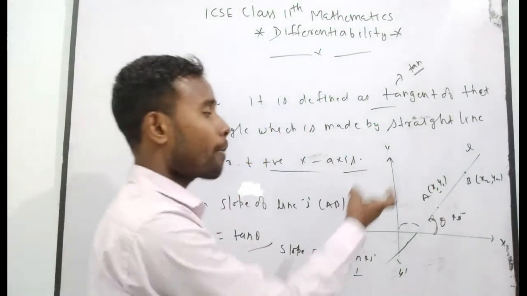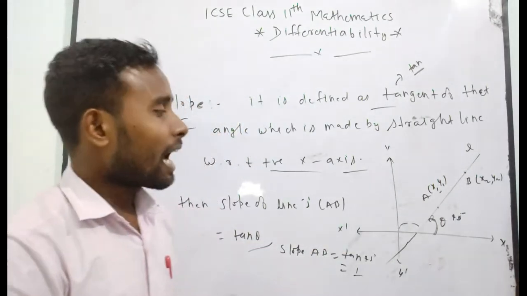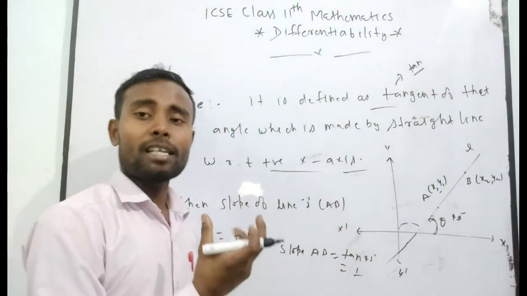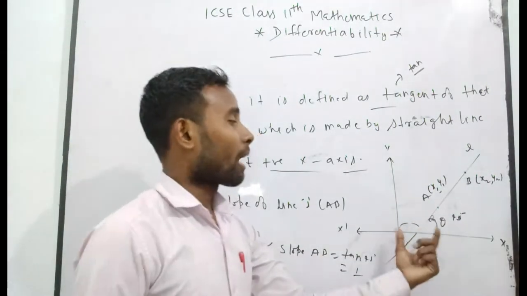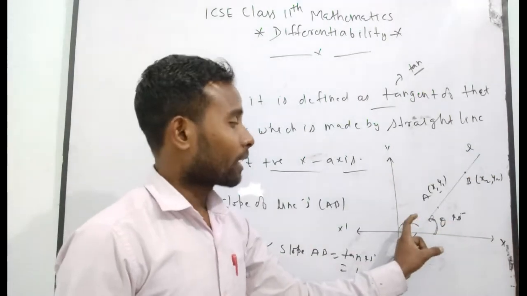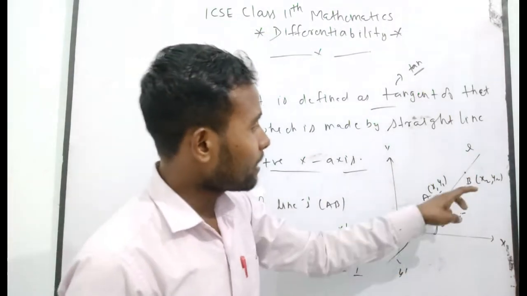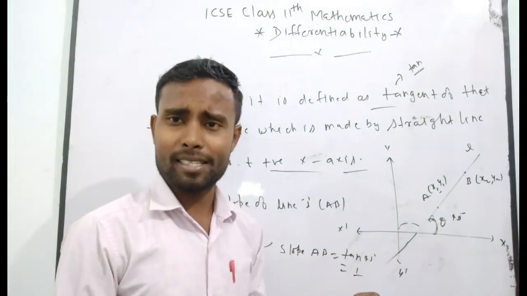This is the slope of line L or line AB. Now, I want to generalize here. Suppose that there is no given angle, so what is the measure of the angle by which this line is inclined with respect to the positive x-axis?